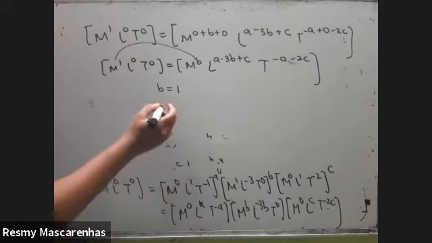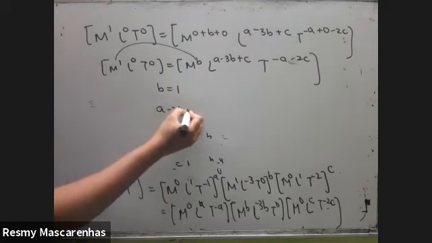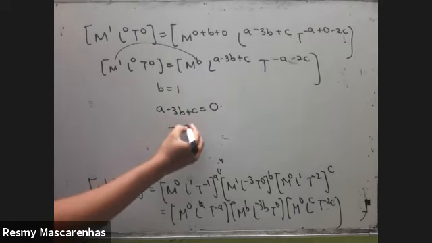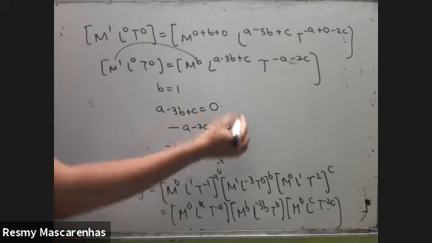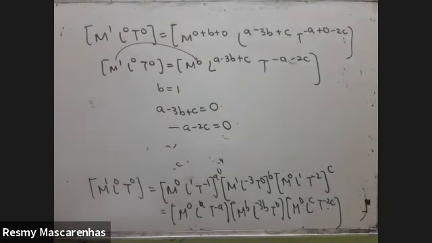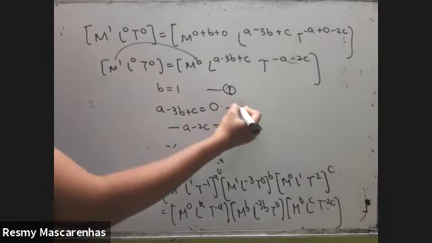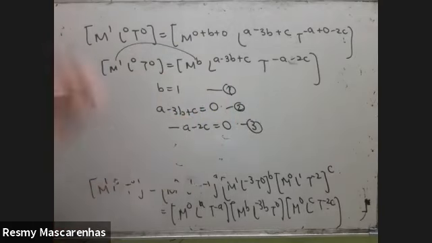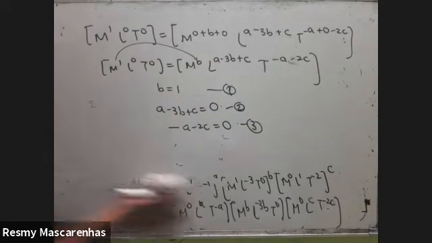Then the next equation will be, now over here, this is 1, 2, 3. Put the value of B as 1. So you'll get two equations.